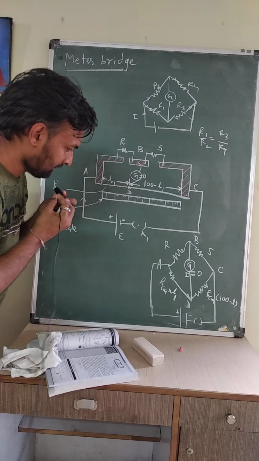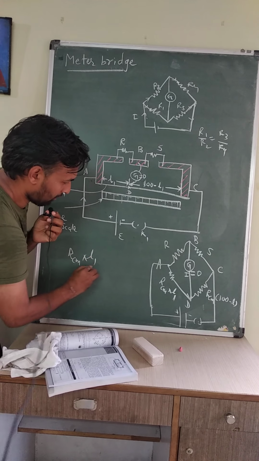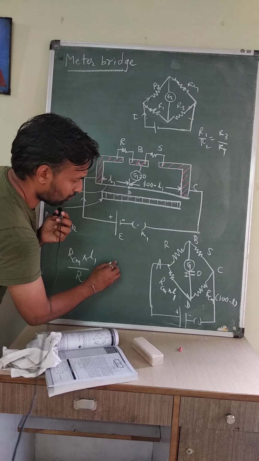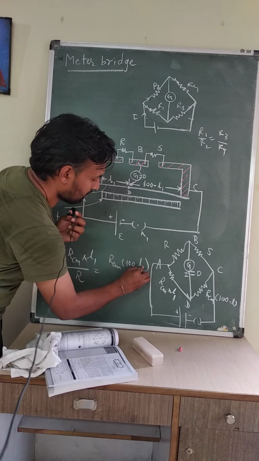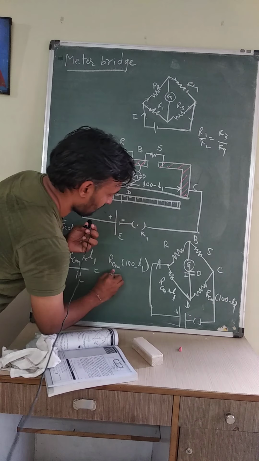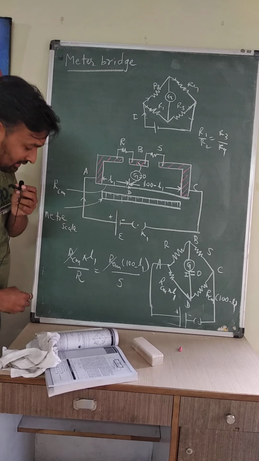Same way, if I write, ρ per cm into L1 upon R is equal to ρ per cm into 100 minus L1 upon S. So here ρ per cm will get cancelled.